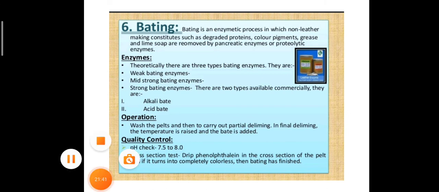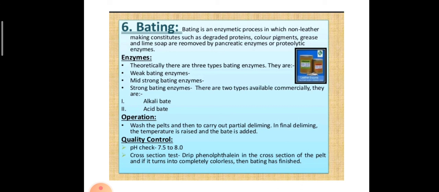The next operation is bating. Bating is an enzymatic process in which non-leather making constituents such as degraded proteins, color pigments, grease, and lime soaps are removed by pancreatic enzymes or proteolytic enzymes.